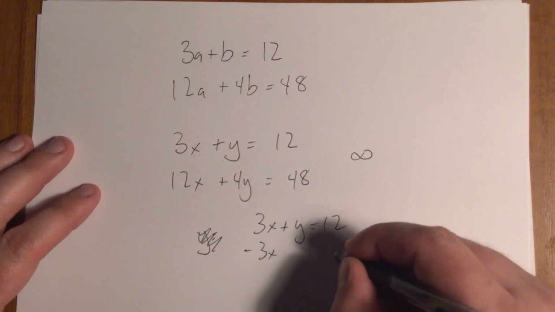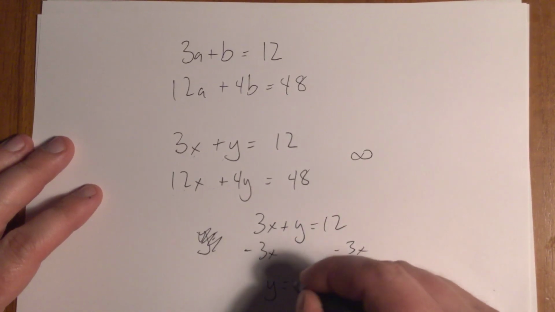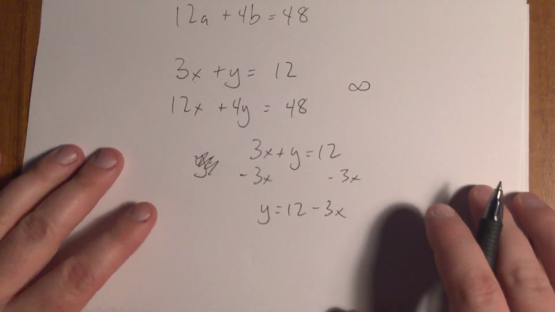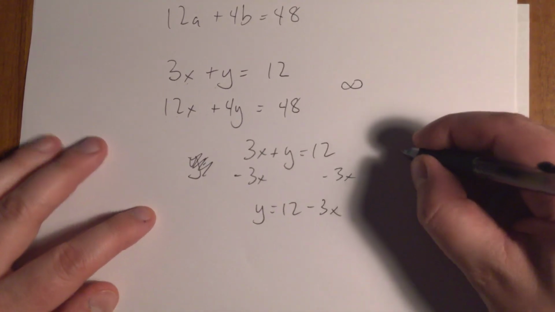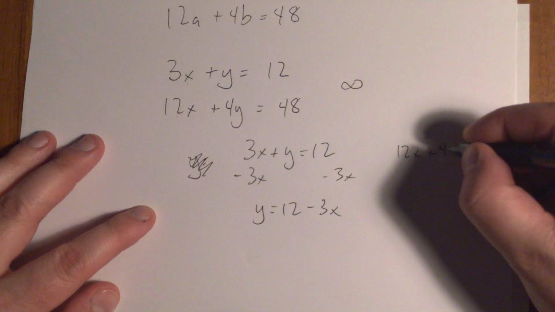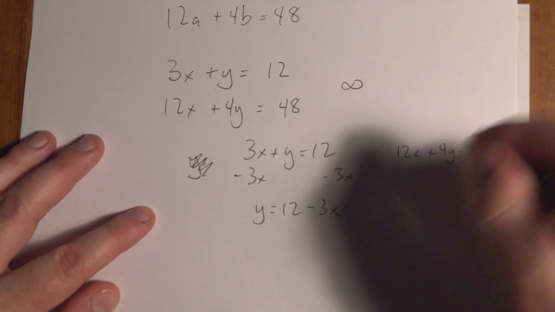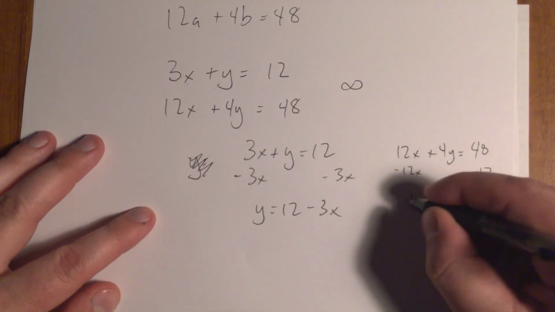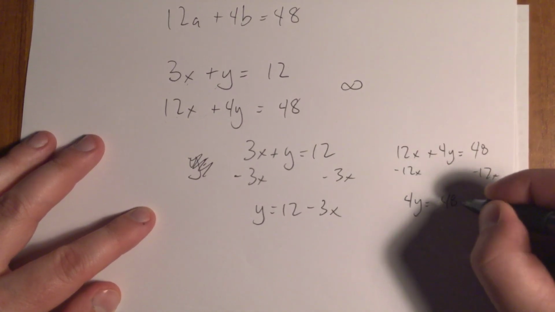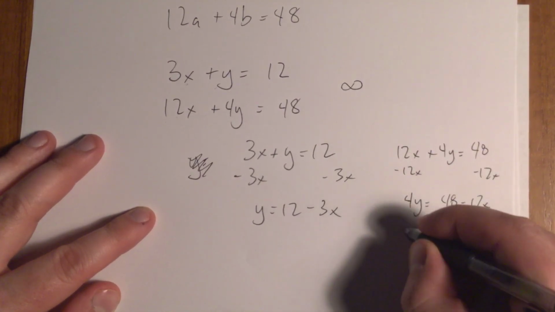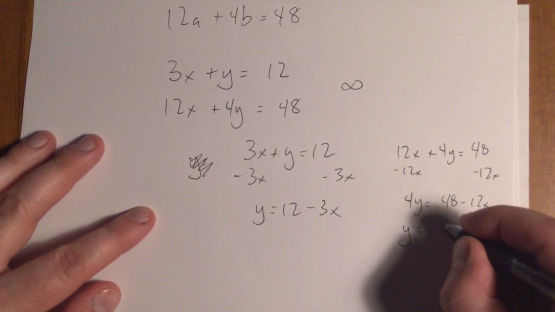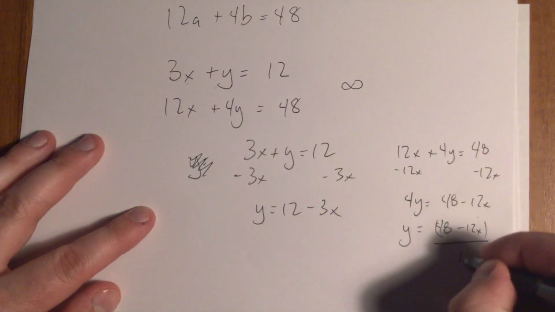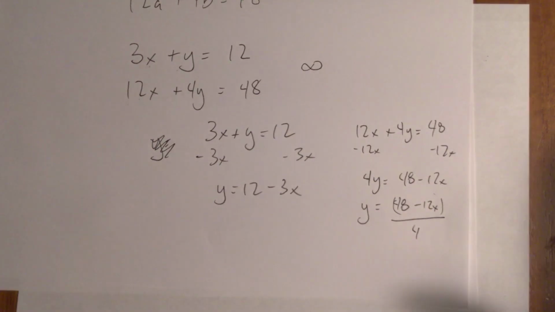Subtract 3x from both sides: y equals 12 minus 3x. There's one equation. My second equation is 12x plus 4y equals 48. Subtract 12x from both sides: 4y equals 48 minus 12x. Then y equals 48 minus 12x, all divided by 4, and I can graph it and see.